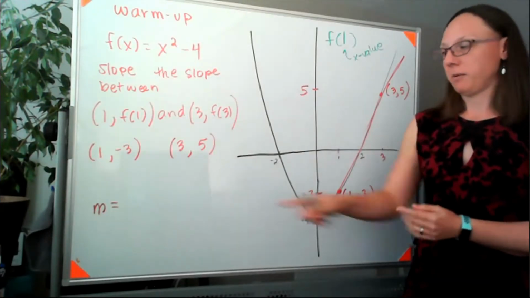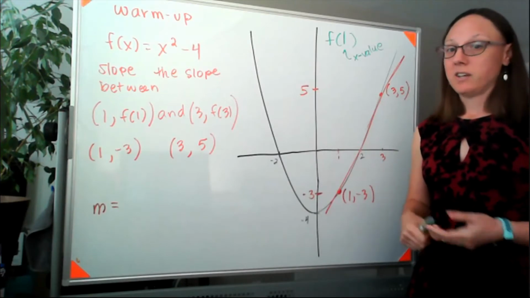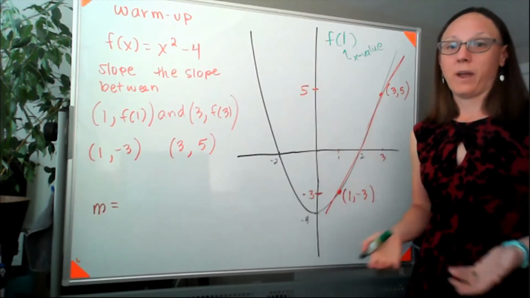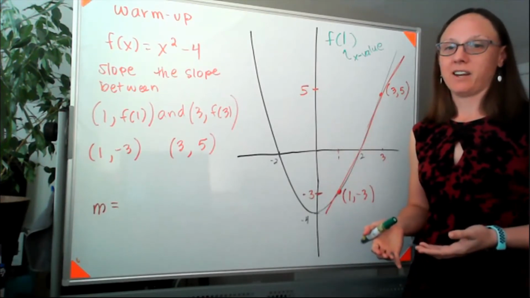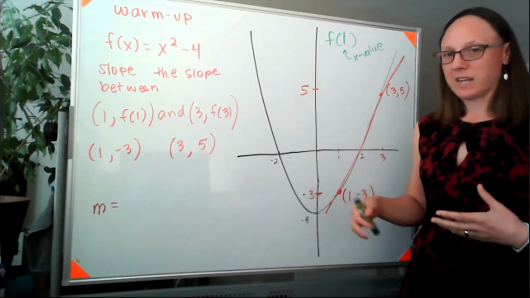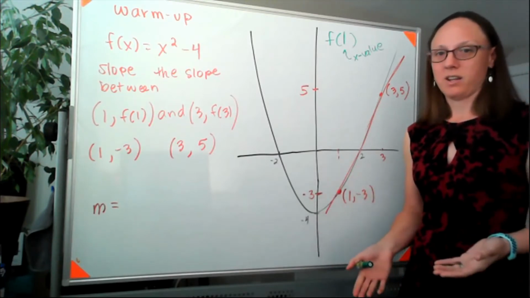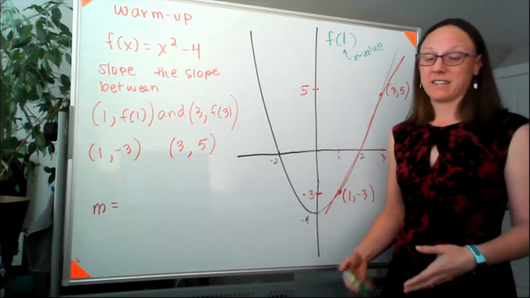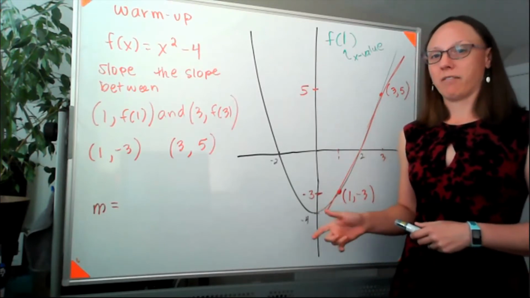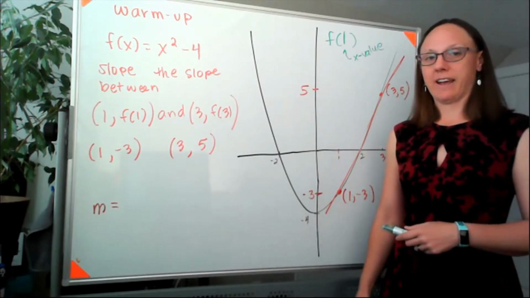Fast forwarding back to finding our slope. So when we're finding the slope of a line, sometimes the phrase people say is rise over run. It's probably better for us to think about this as a change in y value divided by a change in x value.